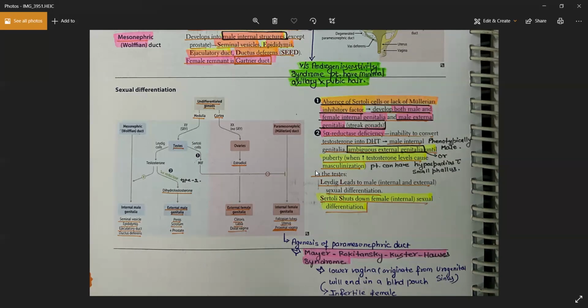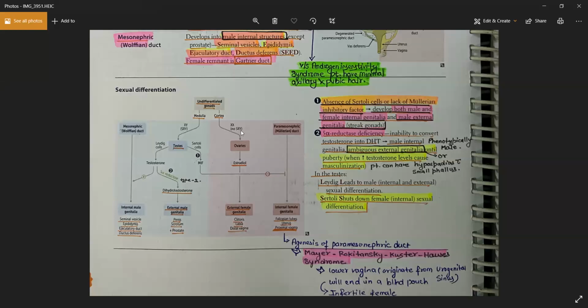So please note, whenever you encounter a patient who was raised as a female, but now in puberty she's getting all the characteristics of the male, they will think that it could be a case of the realization. But when you do their examination and check their chromosome levels, you will find that XY is present. And that's how you know that the patient has a 5-alpha reductase deficiency, right?